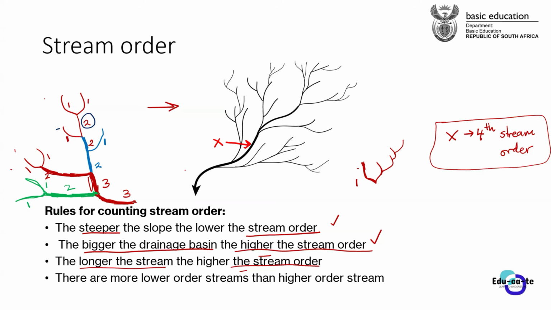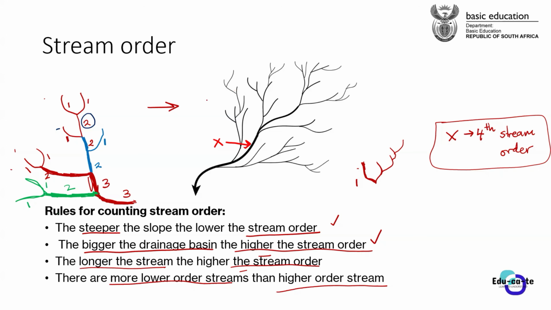Also, one other thing that you should know, there are always more lower order streams than higher order streams. In every case, there will always be more lower order streams. For example, there will always be more first order streams than higher order streams.